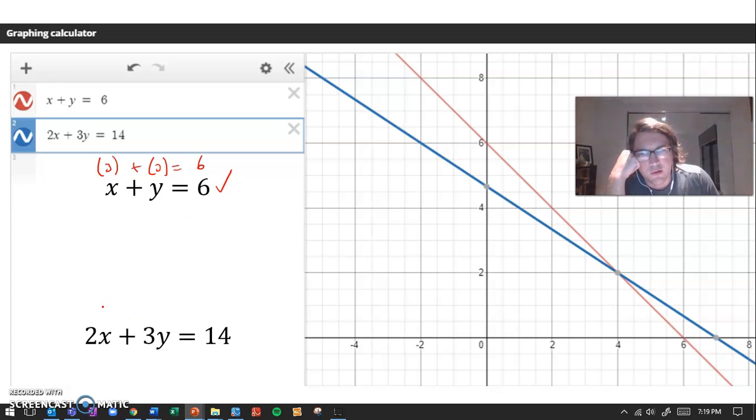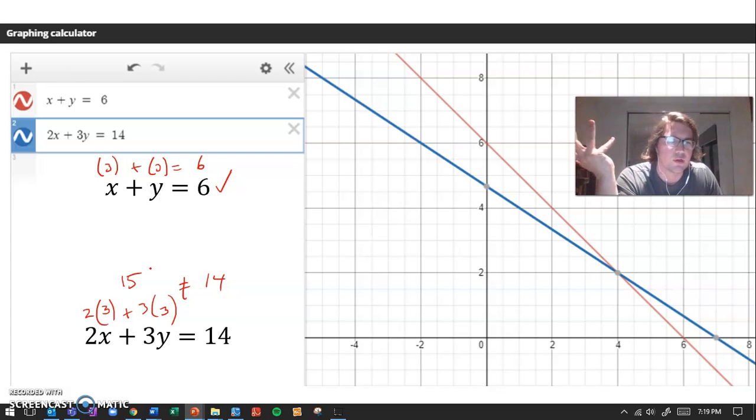But if I pick the values 3 and 3 for the second equation, I'd have 2 lots of 3 plus 3 lots of 3, and that would give me 15 on this side, and that is not equal to 14. So when x is equal to 3 and y is equal to 3, it is not correct for both equations. It does not make both equations true. There is a value for x and a value for y which makes both of these equations true.